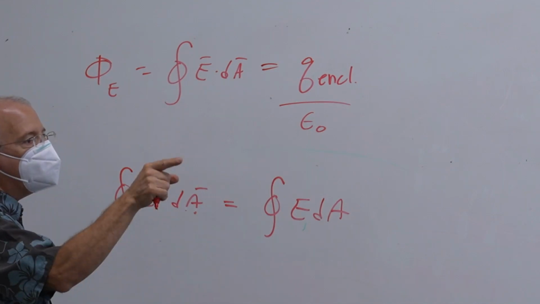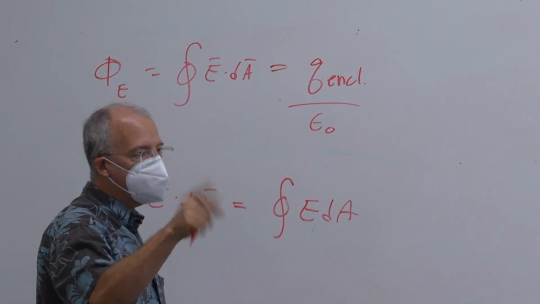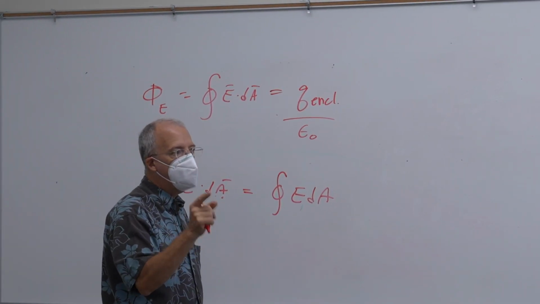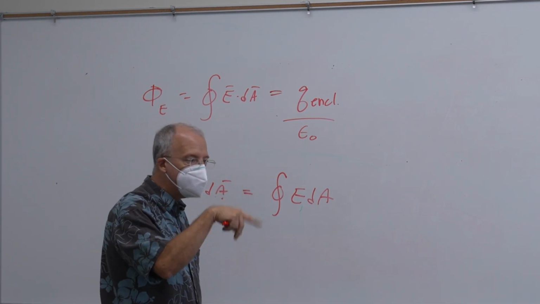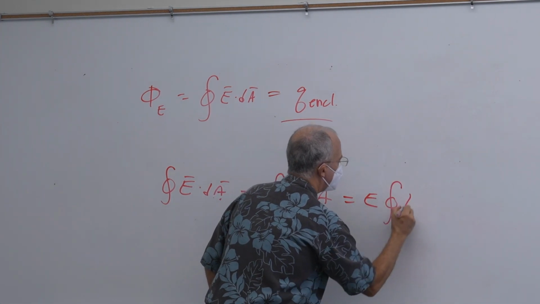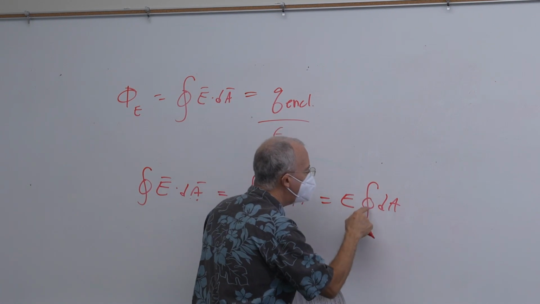Then we were smart and we made the fake Gaussian surface concentric with the sphere, so the R's are all the same. So the E field has to be the same, we're talking about on the surface. So we can pull the E out. Now, remember, this is a surface integral.